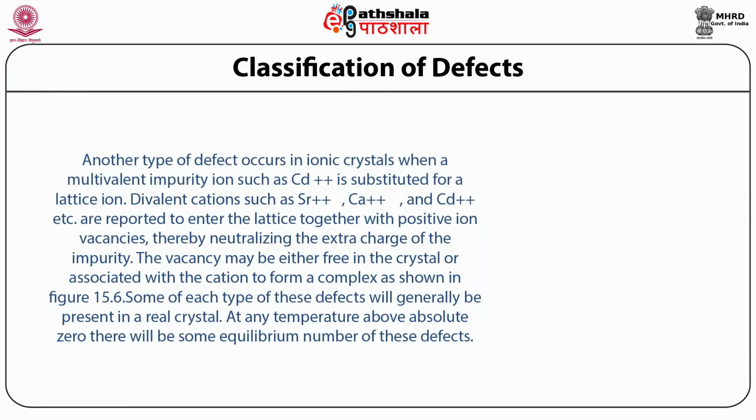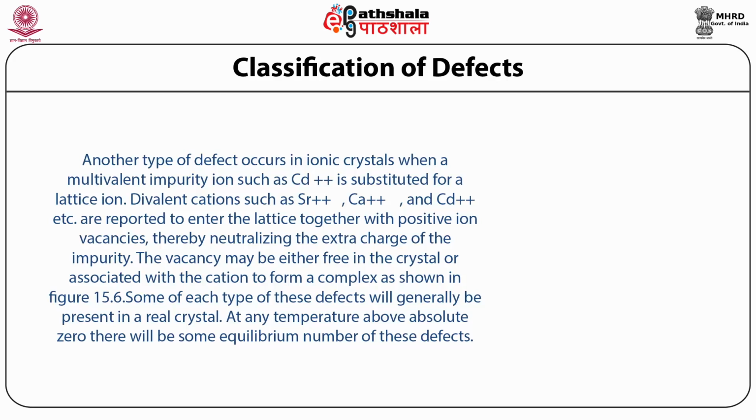Another type of defect occurs in ionic crystals when a multiple valent impurity ion, such as cadmium plus 2, is substituted for lattice ion. Divalent cations such as Sr plus 2, Ca plus 2 and cadmium plus 2 are reported to enter the lattice together with positive ion vacancies, thereby neutralizing the extra charge of the impurity.